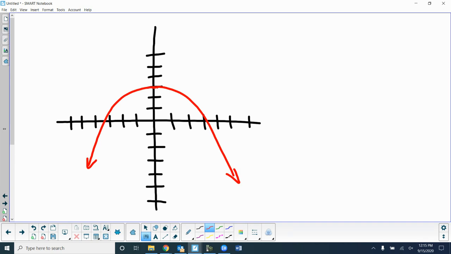And its question says, which is an element of the range of the graph function?